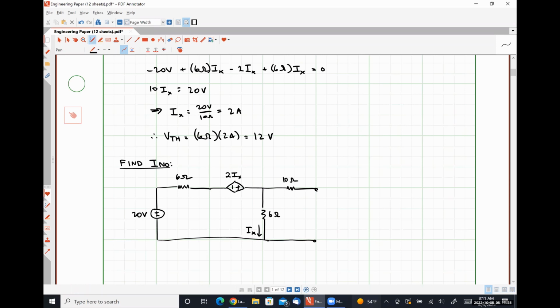Okay. So I'm going to short these two terminals together. And because V Thevenin was given as positive polarity on top, my Norton current should be in the direction down, like so. How do you guys think we should find this current I Norton?